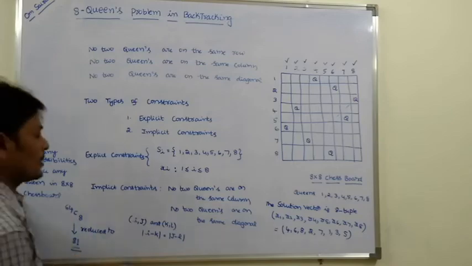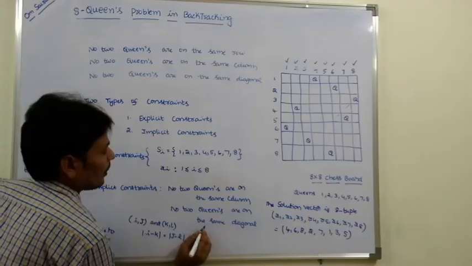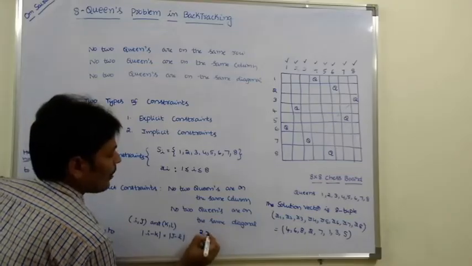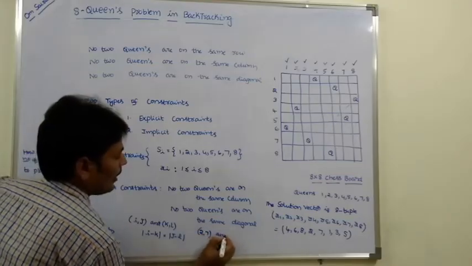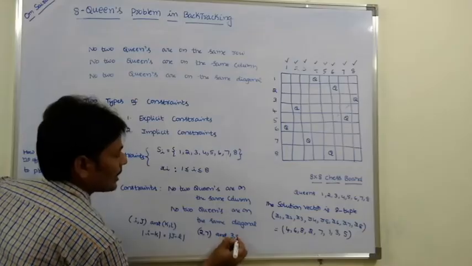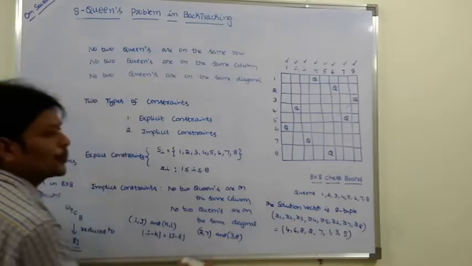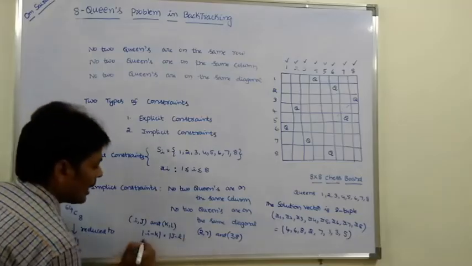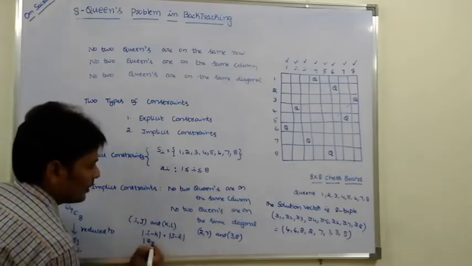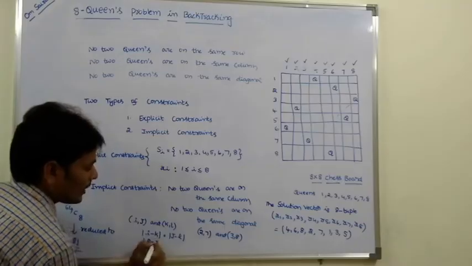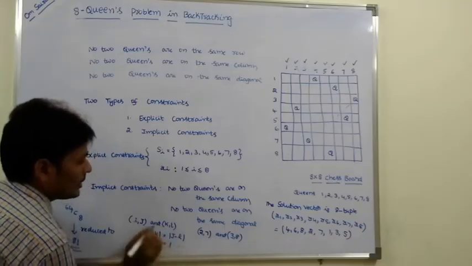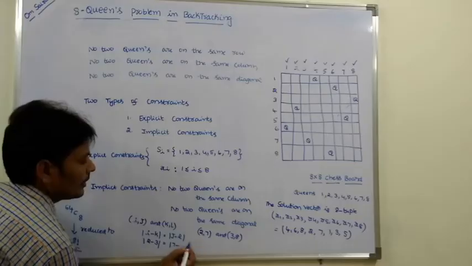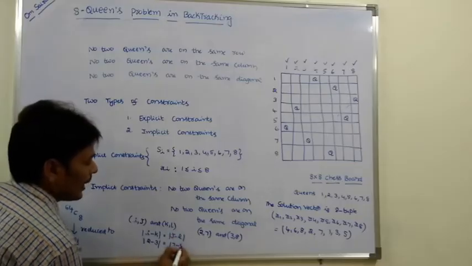Suppose we take two pairs, that is (2, 7) and (3, 8). Check whether these two are diagonal elements or not. So here the i value is 2, the k value is 3, the j value is 7, and the l value is 8.